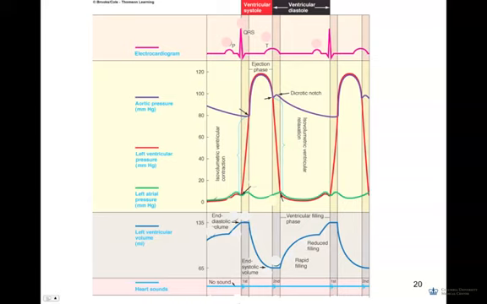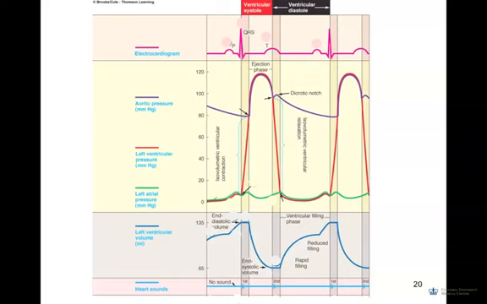This chart is a common tool used to teach about both the mechanical events, which means the physical events happening in the heart, and the electrical events happening in the heart during a cardiac cycle.